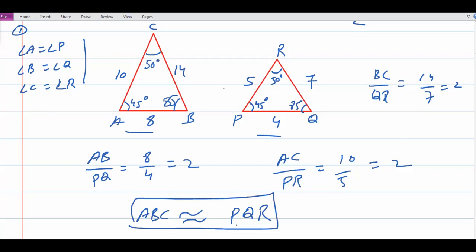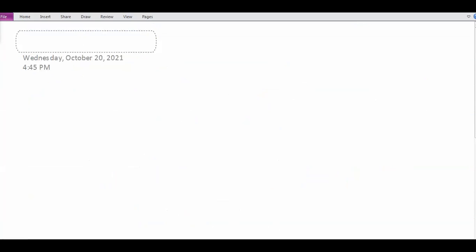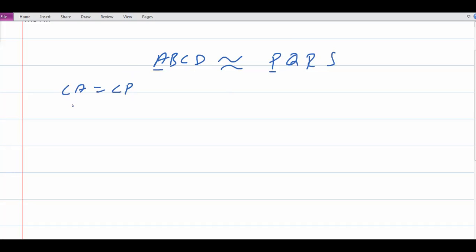So now from here I can make a result. If we have two shapes that are similar, let's say ABCD is similar to PQRS, then what will happen? Angle A will be equal to angle P because A and P are at the same position.